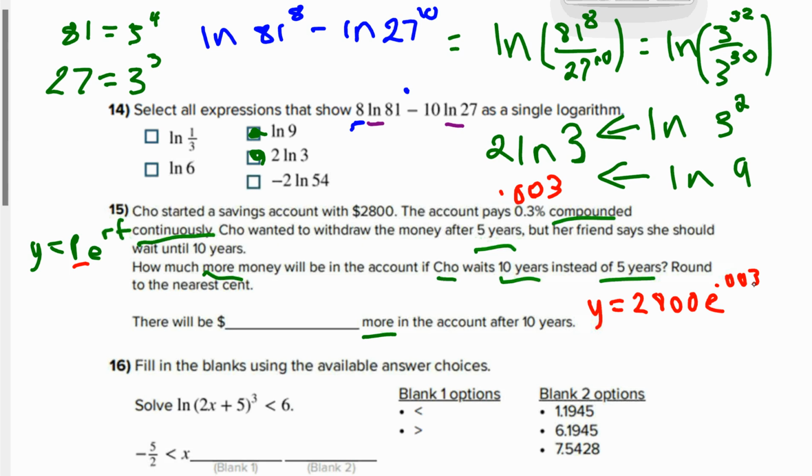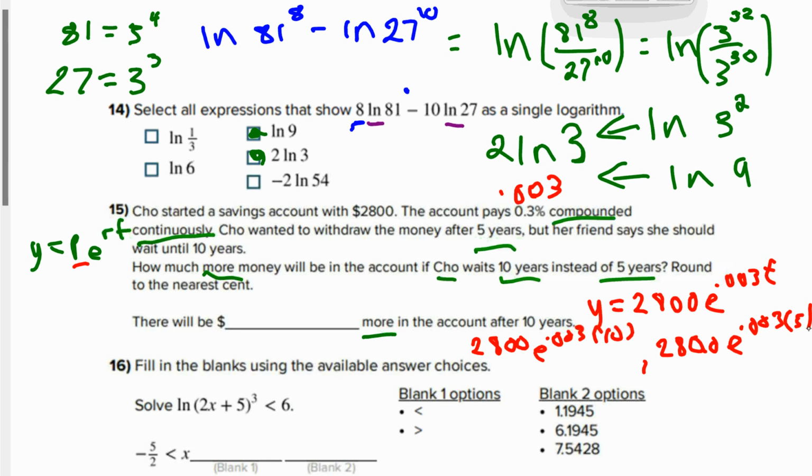And we want to know 5 years, and we want to know 10 years. So basically, I'm going to plug in 2800 e raised to 0.003 times 10, right? And then I'm going to plug in 5 years, so 2800 e raised to 0.003, and then times 5.